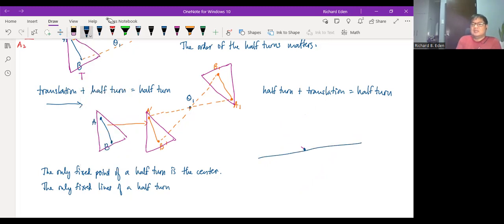So ito no, let's say you have this point A, but then the image will be point B, and it's still going to be on the same line. So any other point here will be sent to another point also on the same line. So in the end, the image of the totality of line L is itself. So you're right, the only fixed lines of a half turn are lines through the center.